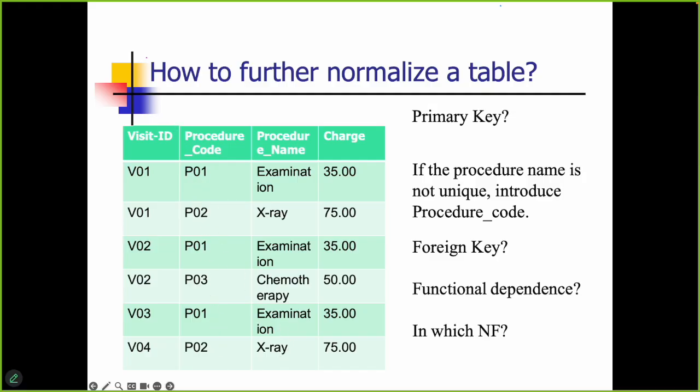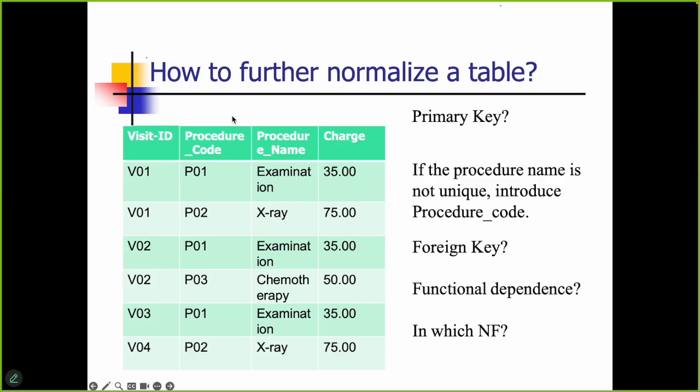So visit ID and procedure code, exactly. Visit ID and procedure code can uniquely identify each row, because in the first visit you do, for example, this procedure 1. If our assumption is that in each visit you cannot have more than one procedure, then this can be your composite primary key, which is the case here.